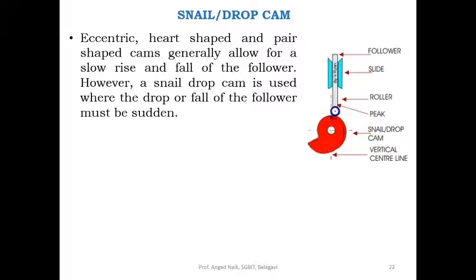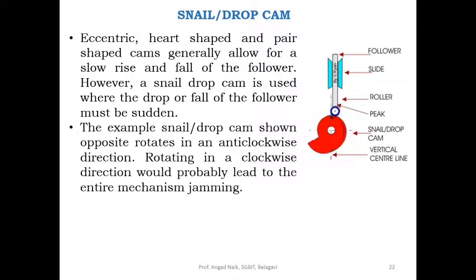So eccentric, heart-shaped and pear-shaped cams generally allow for a slow rise and fall of the follower. However, a snail or drop cam is used where the drop or fall of the follower must be sudden. The example of drop cam shown opposite rotates in anti-clockwise direction.